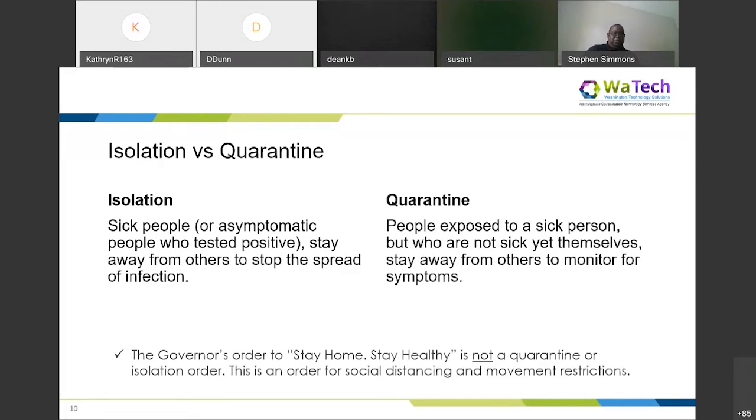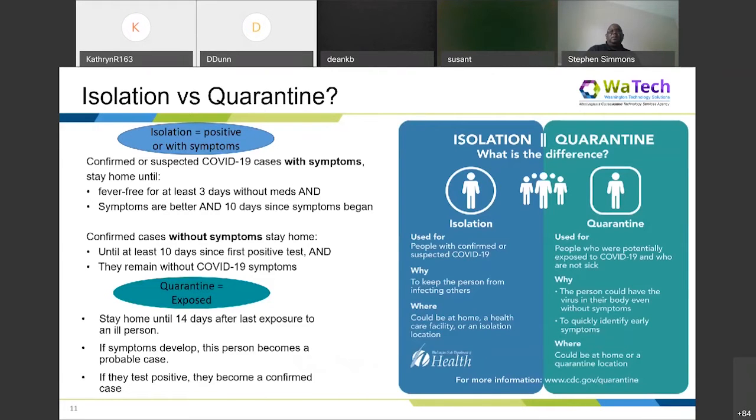So a distinction is that the governor's order has sometimes been called a quarantine order, but it's not actually a quarantine order or an isolation order. It's an order to help people social distance and restrict their movement so that we're diminishing impacts for spreading the virus.